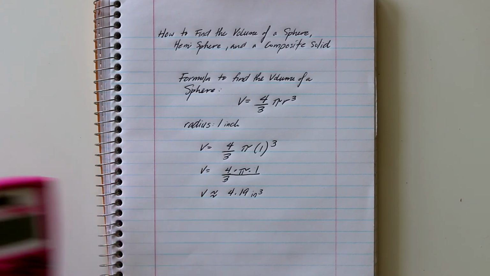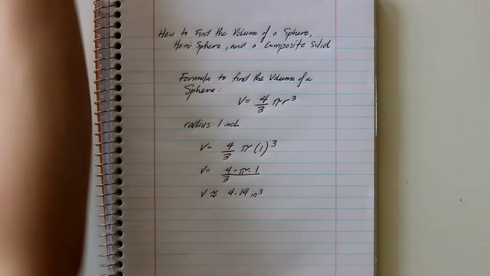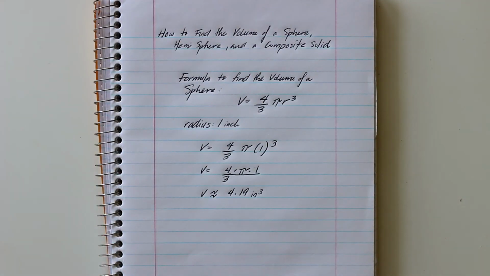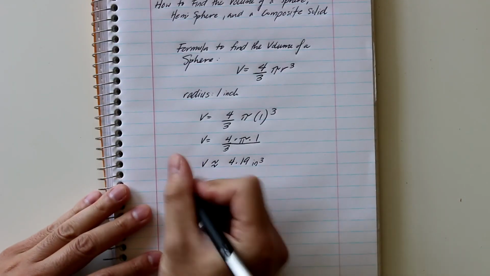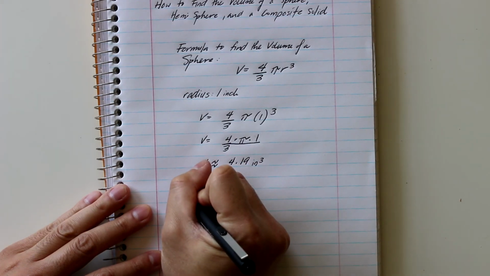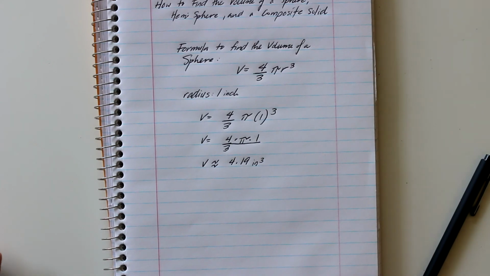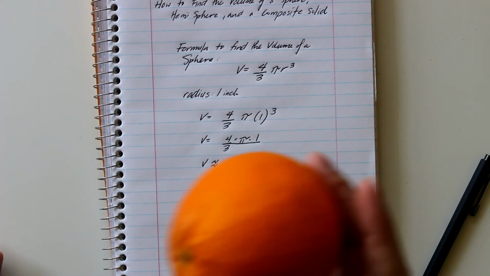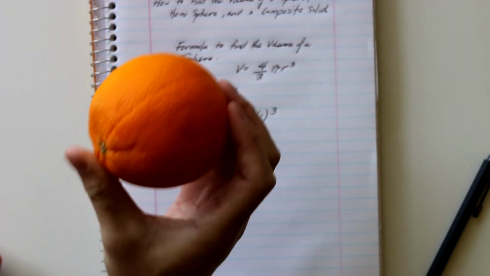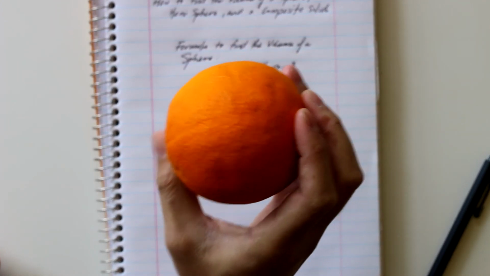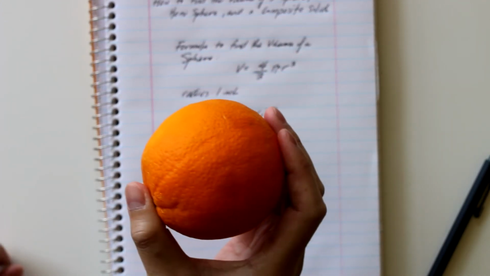Okay? Now, next, let's say we want to find the volume of a hemisphere. So first, let's talk about what is a hemisphere. Well, that's simple. Let's say that this orange represents a sphere, right? It is an orange ball.